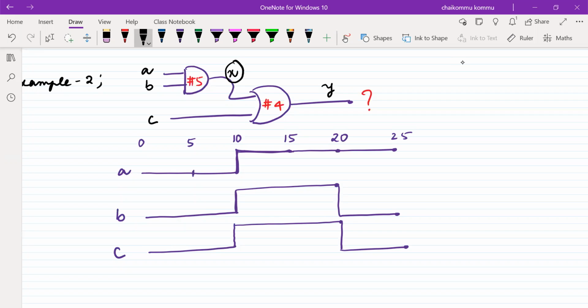Similarly, for an OR gate, the Y signal will take 4 units of delay for rise, fall, as well as turn off delay between X and C.